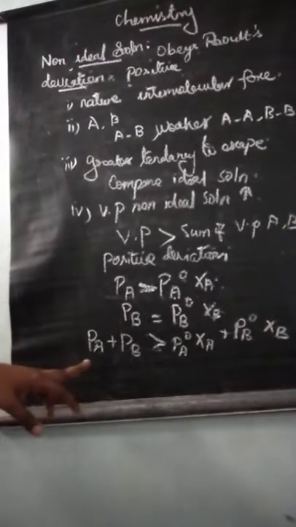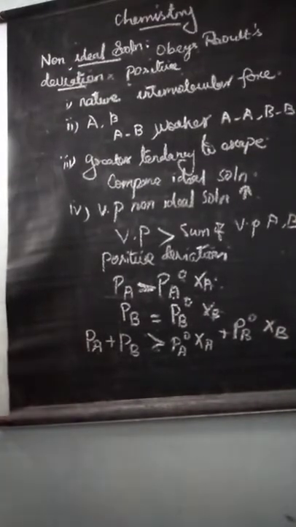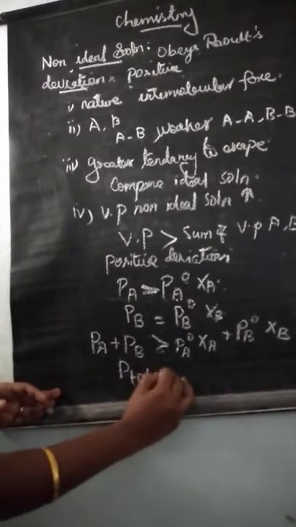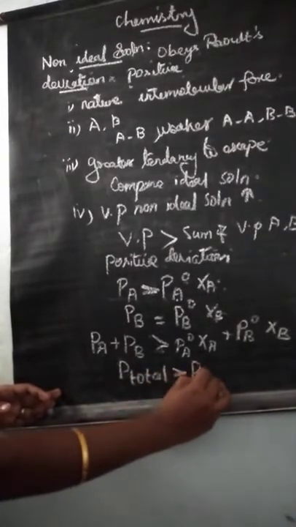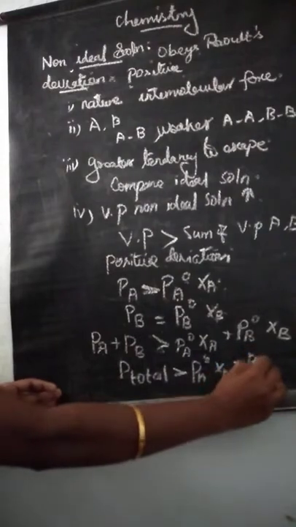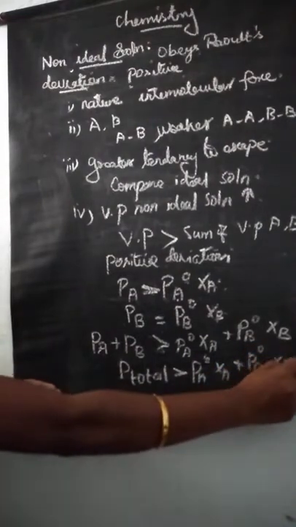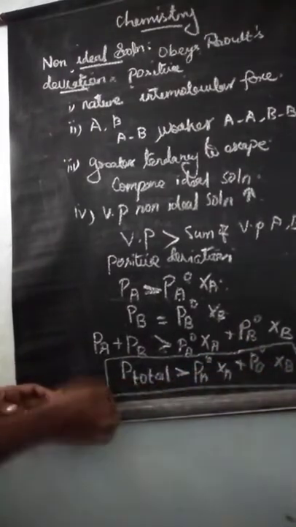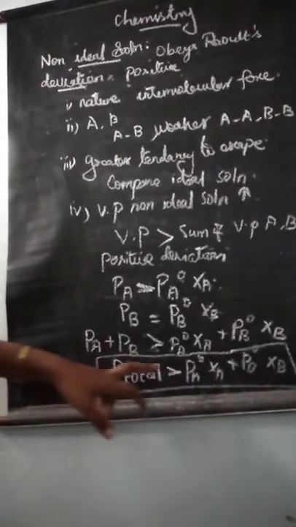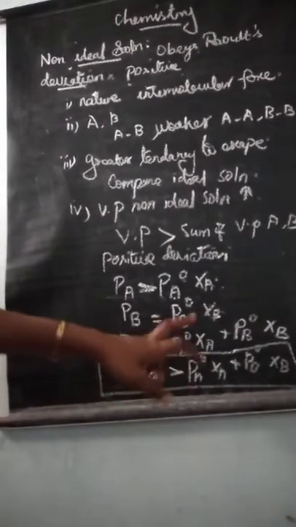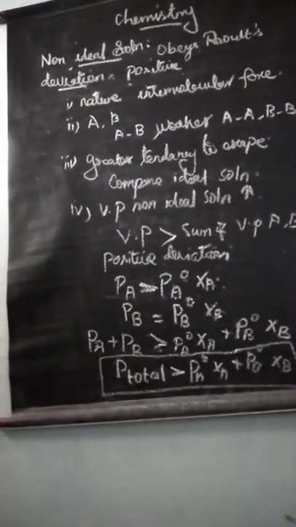This is what we call positive deviation: the total pressure is greater than the sum of the pressures of components A and B.